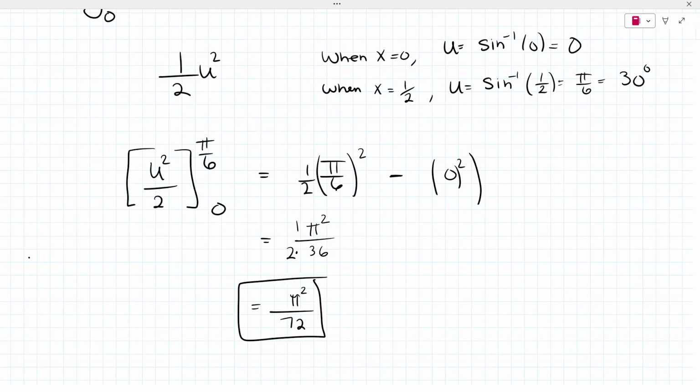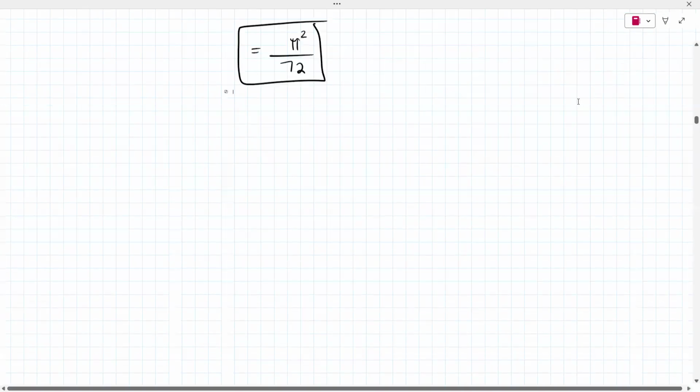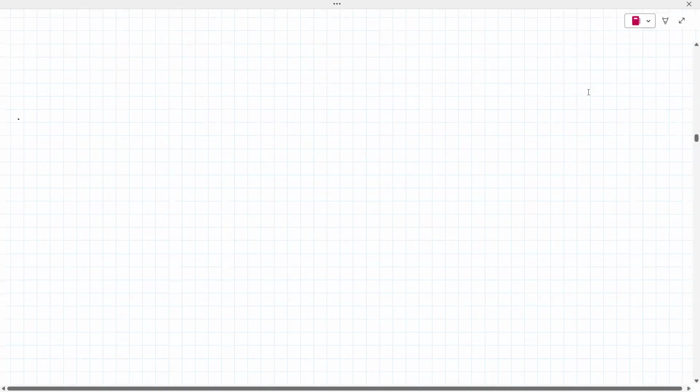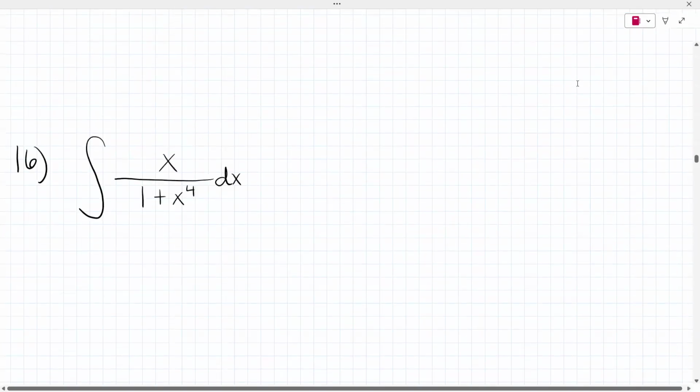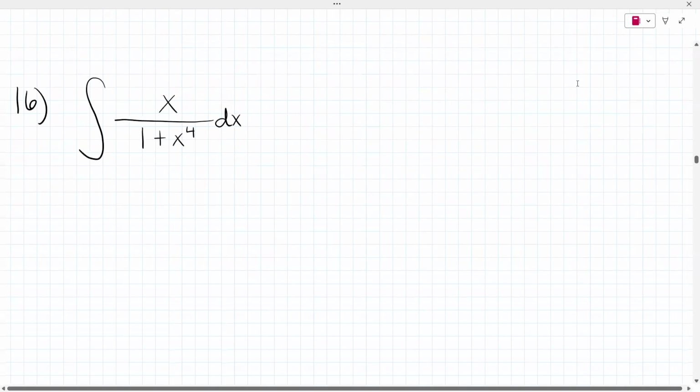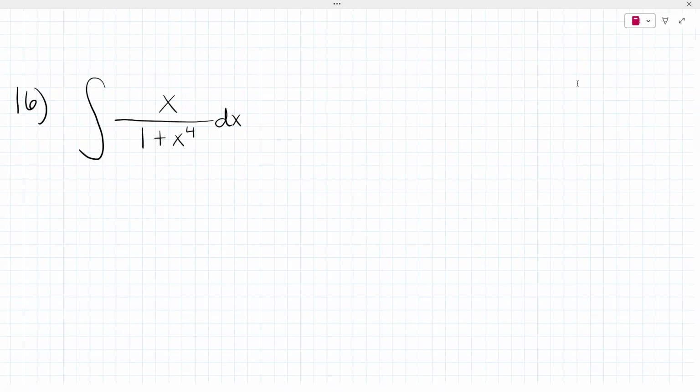Okay, let's move on to 16. So let's say we had the integral of x over 1 plus x to the 4th dx. Let's see, what can we do? Should we use u substitution?